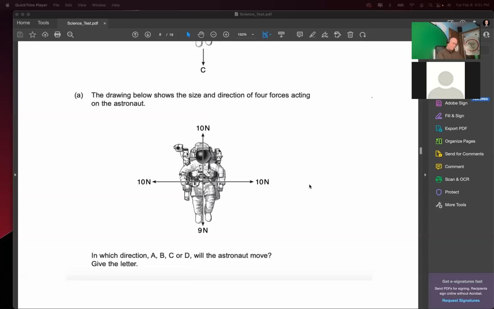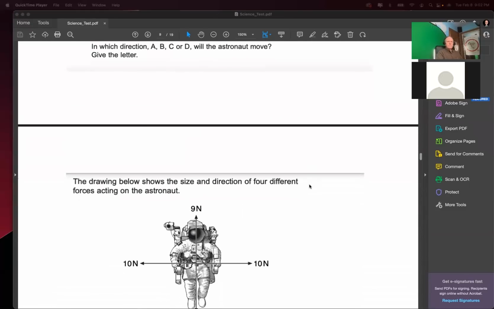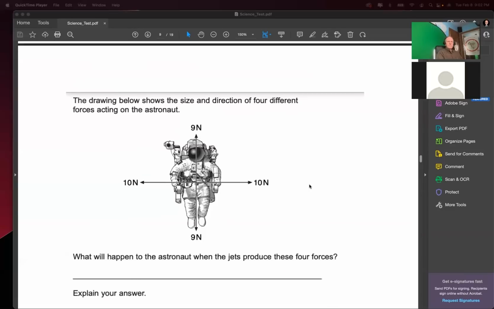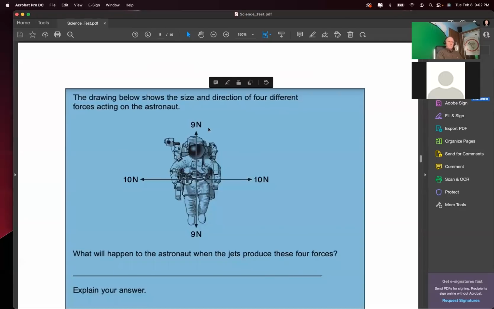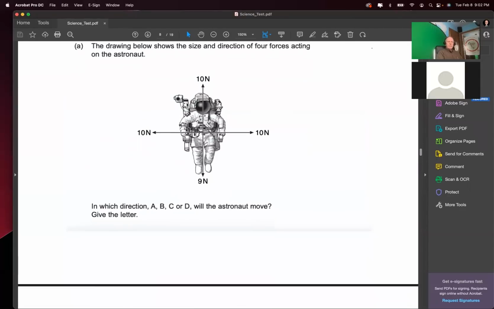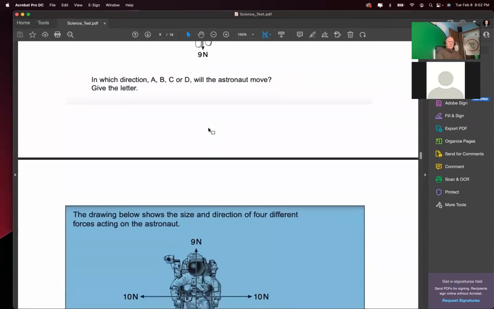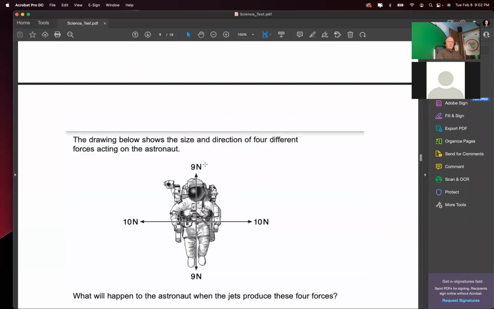All right. Now, in the next drawing, just to make sure, rather than go back every time, A is up top, B is to the left, C is down, D is to the right.